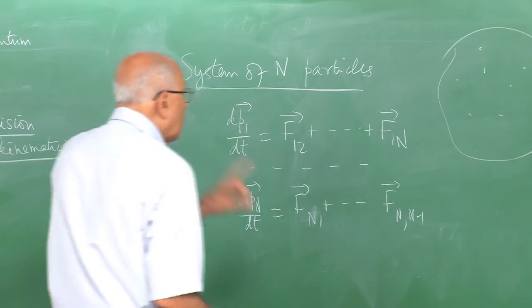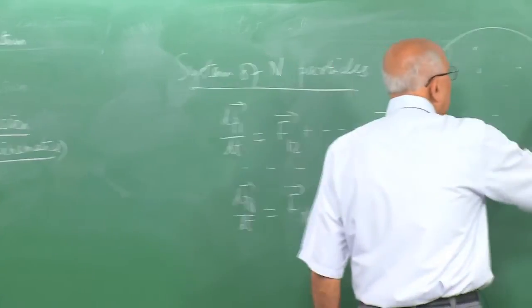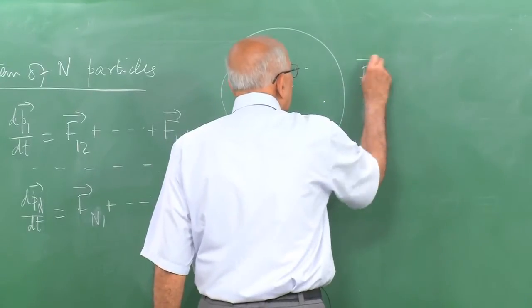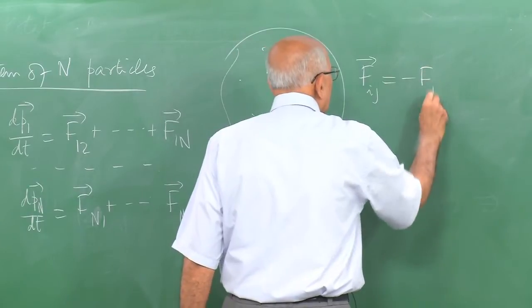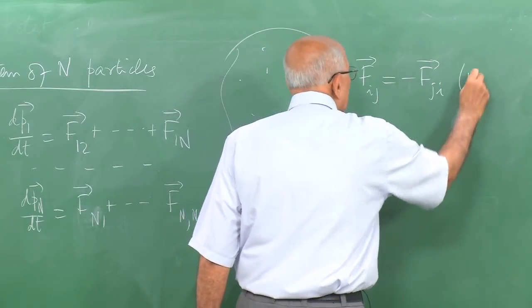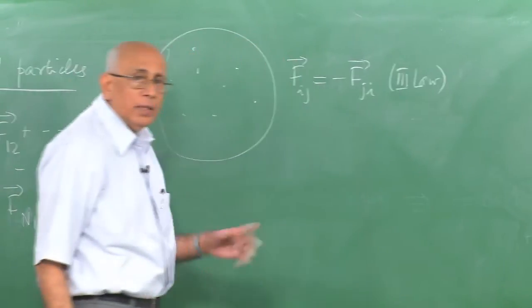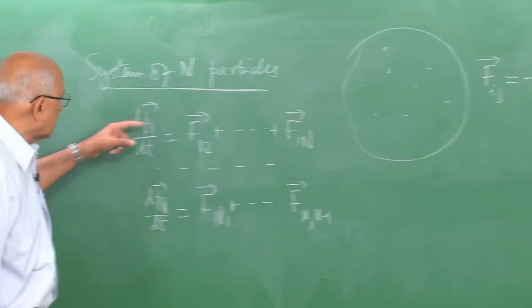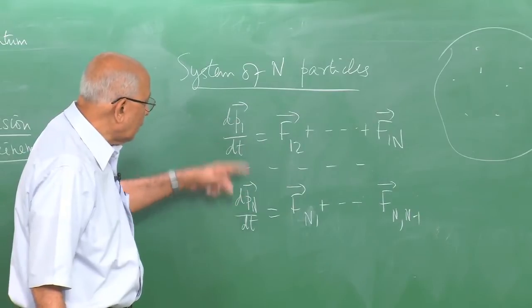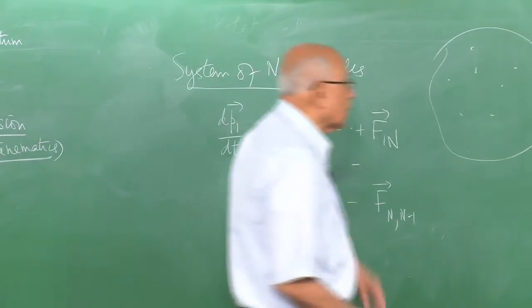Now we already saw that Fij was equal to minus Fji. This was the third law. As a consequence, we saw that the sum of momenta P1 to Pn is a constant of the motion.